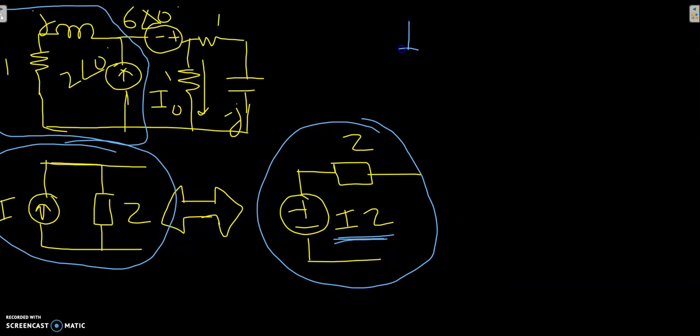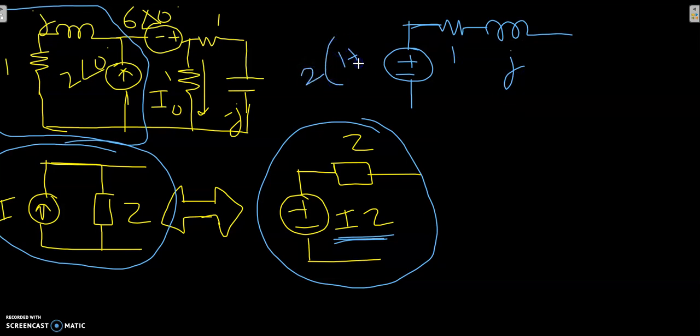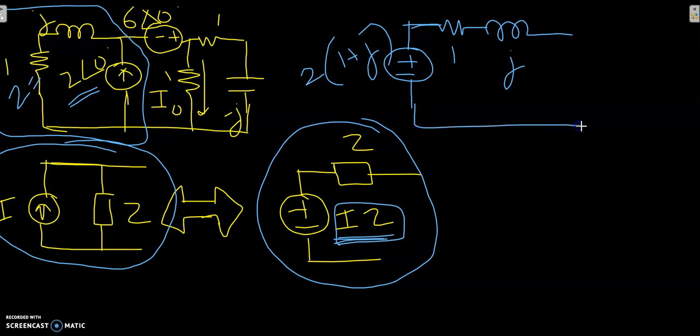There would be a voltage source in series with an impedance, which would be 1 and j, and this is 2 times (1 plus j). How do I get this? 2 is the amplitude of the current here, and 1 plus j is the impedance. So Z was 1 plus j, so 2 into (1 plus j) would be the voltage.